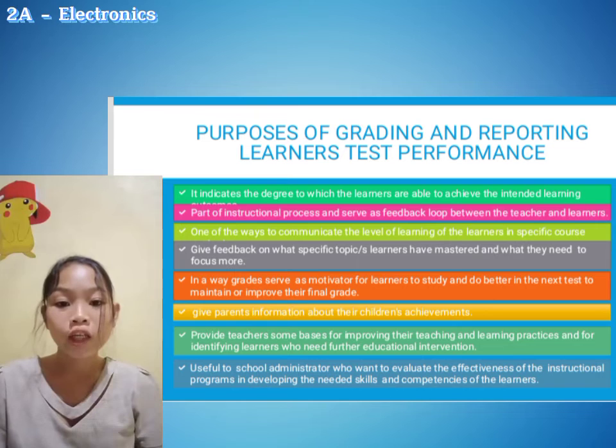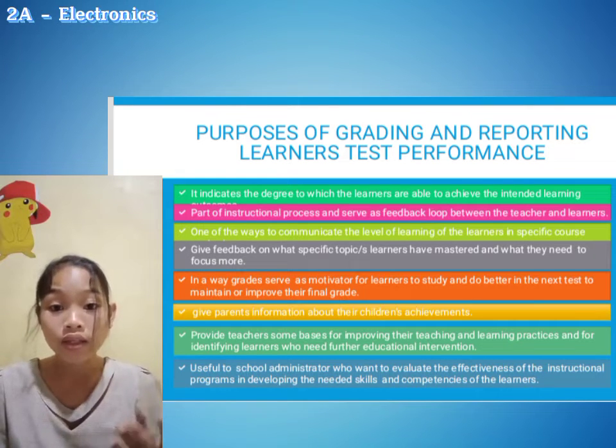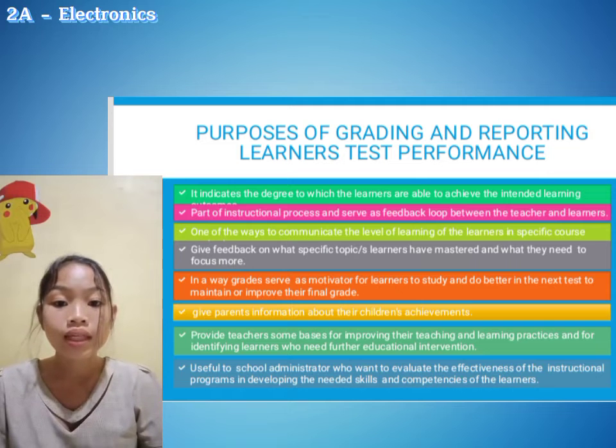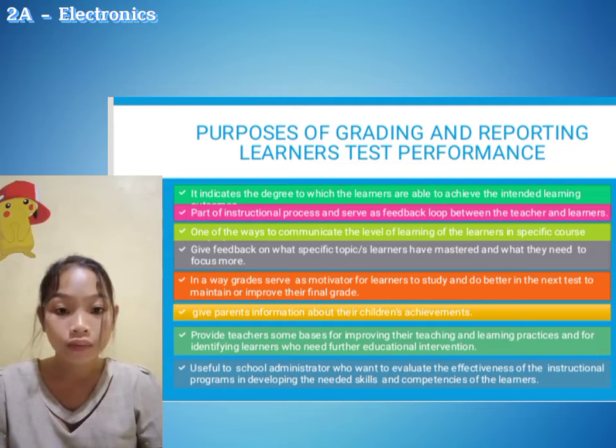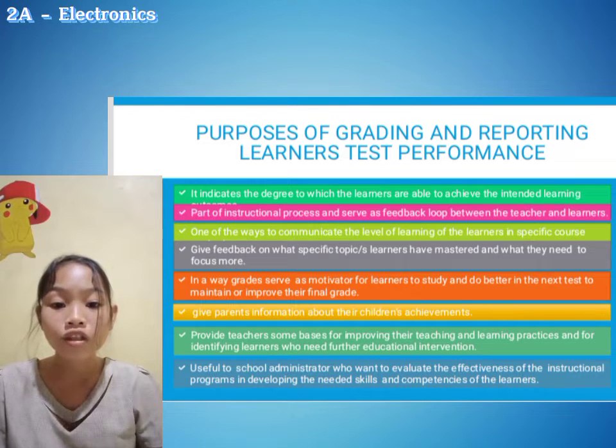Purposes of grading and reporting learners' test performance. Number 1, it includes the degree to which the learners are able to achieve the intended learning. Number 2, it is part of the instructional process and serves as a feedback loop between the teachers and learners.